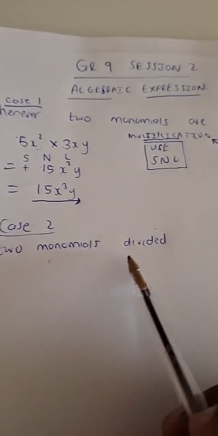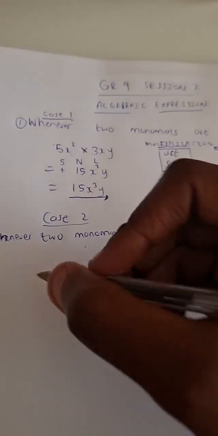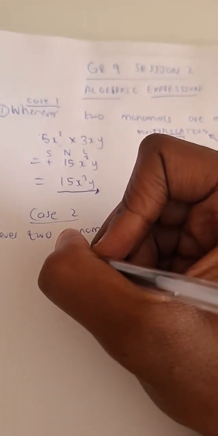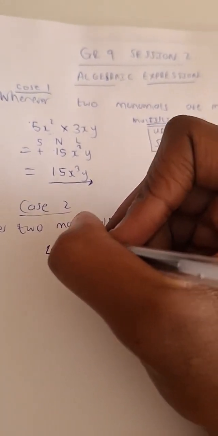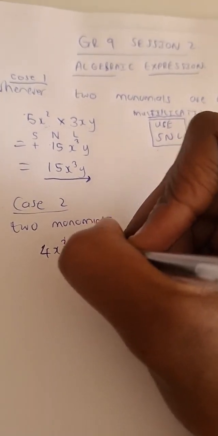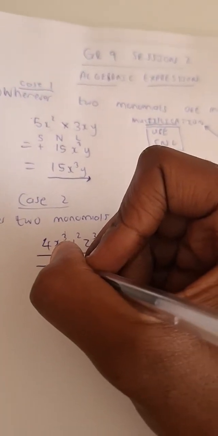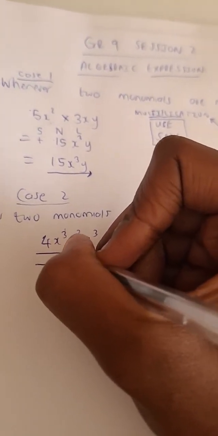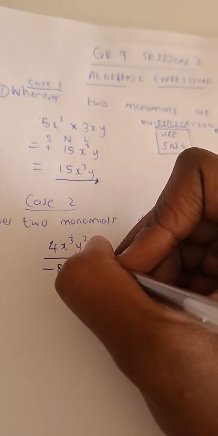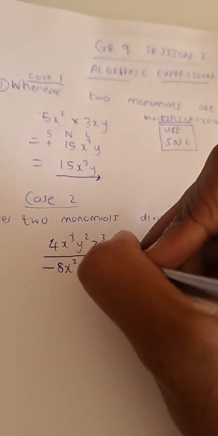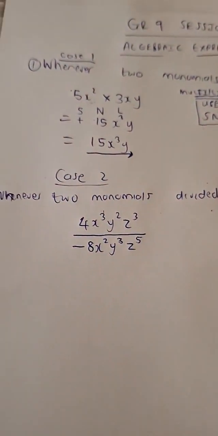So therefore, whenever two monomials are divided, situation case, the following: 4x cubed y squared z to the power 3 over negative 8x squared y to the 3, z to the 5.